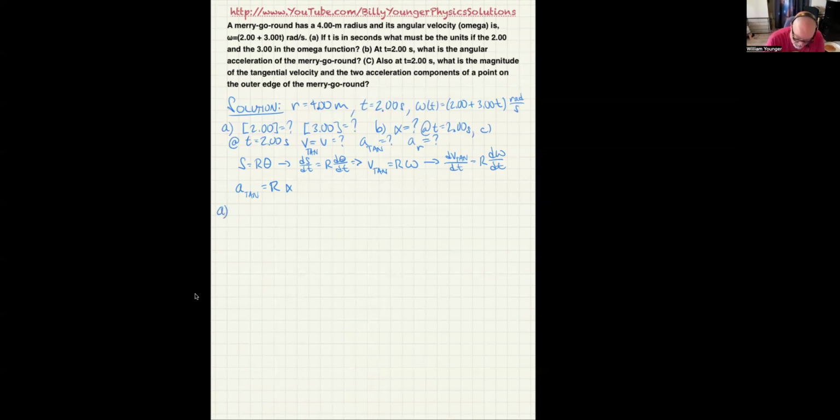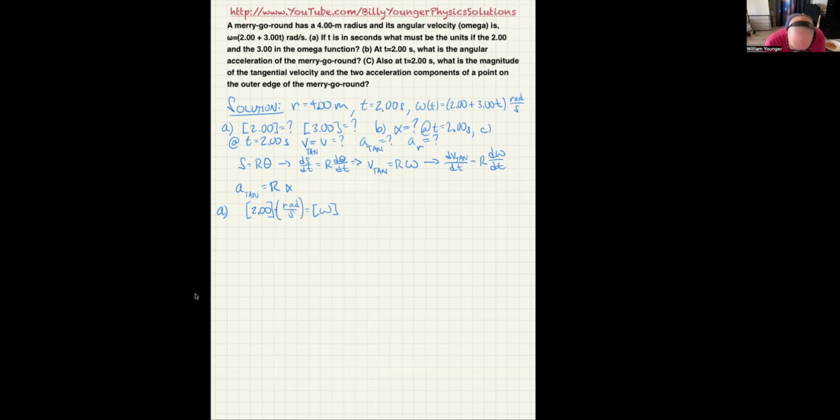Part A, where I'm just asking you what the units of the 2.00 are. What we see is 2.00 times radians per second, which is supposed to be the units of omega. I should say multiplied, not added.